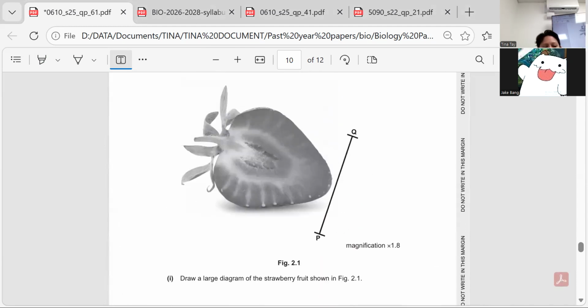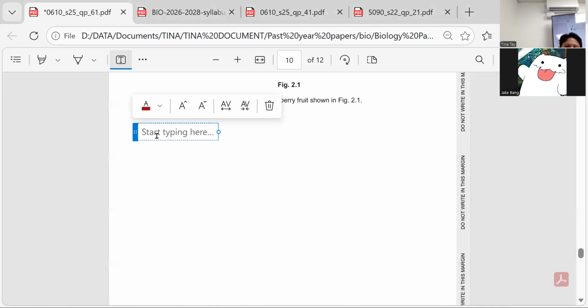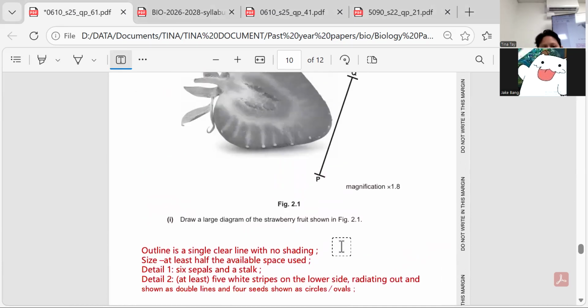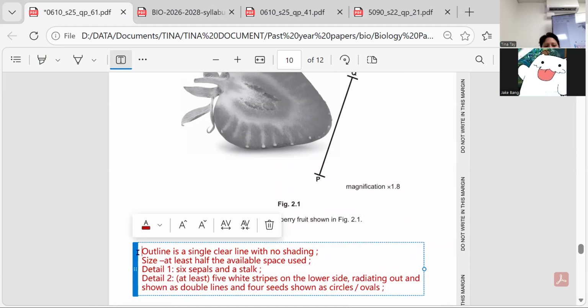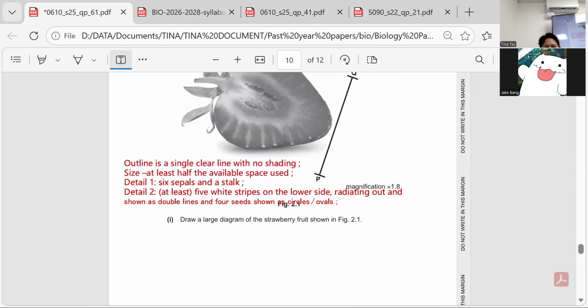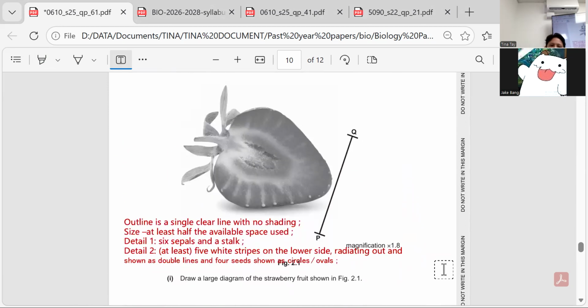When you want to draw, this is how they mark you. Okay, this is how they mark you. Outlines as clear lines with no shading. Okay.